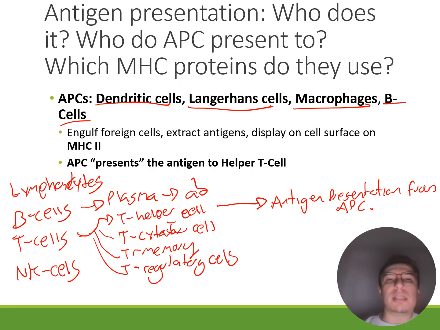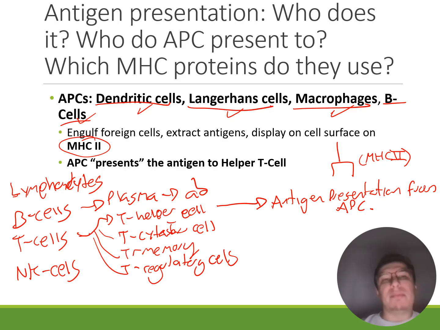Now these helper T cells will be shown what the pathogen looks like through an MHC2 receptor. So these antigen presenting cells, either dendritic cells, Langerhans cells, macrophages, or B cells, will show helper T cells what the pathogen looks like through an MHC2 receptor. I'm going to put it here.